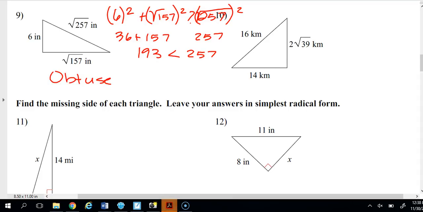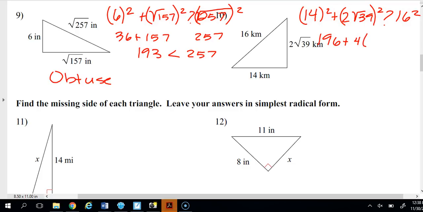Over here for number 10, we have again our leg squared, 14 squared, plus 2 radical 39 squared. How does that compare to 16 squared? So 14 squared is 196. 2 squared is 4. So this is going to be 4 times 39. And 16 squared is 256.